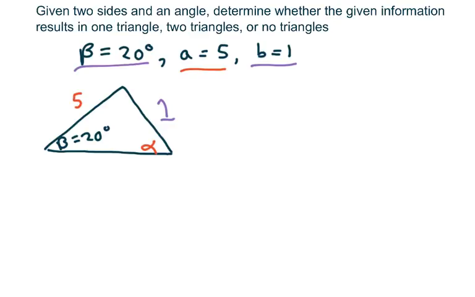So if this is alpha, this will be my beta, this will be little b. This would be gamma, because that's what we're missing. Sorry about that.